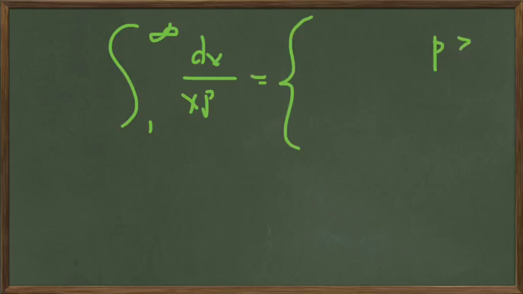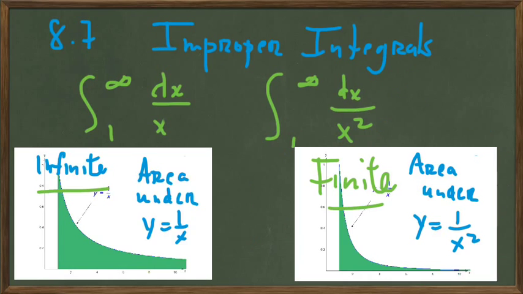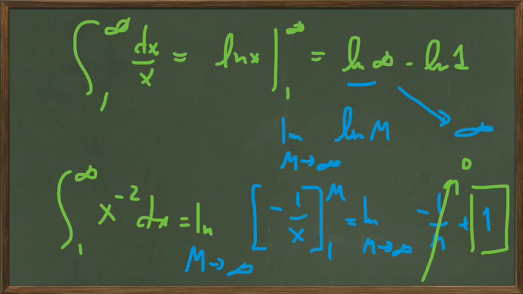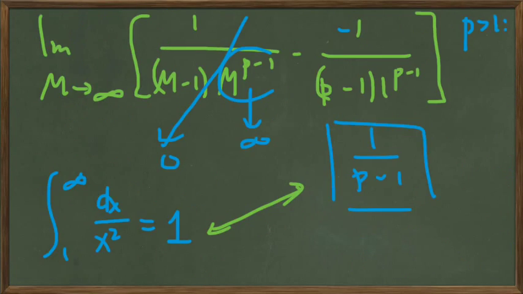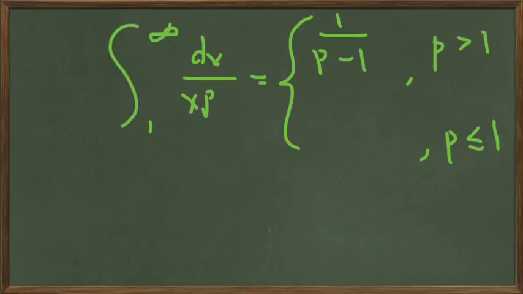When p is greater than 1, it is finite and equals 1 over p minus 1, and when p is less than or equal to 1, it is infinite. We already did the equal case way back here, the p equals 1 case, and we found out that it was infinite. And we just did the p less than 1 case here. And so combining that together, we get this.